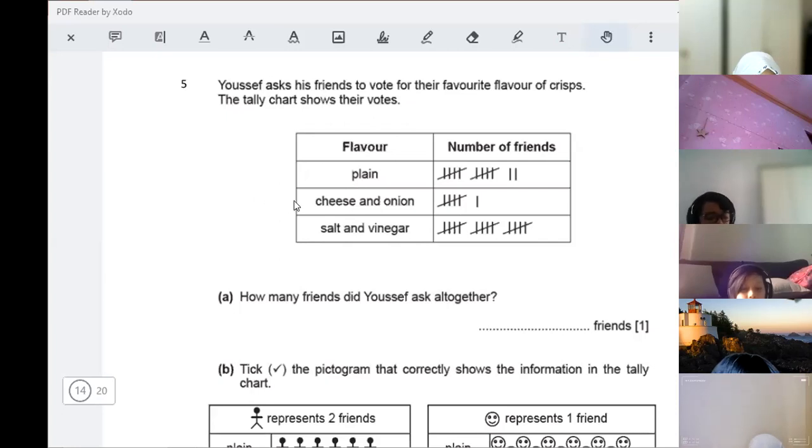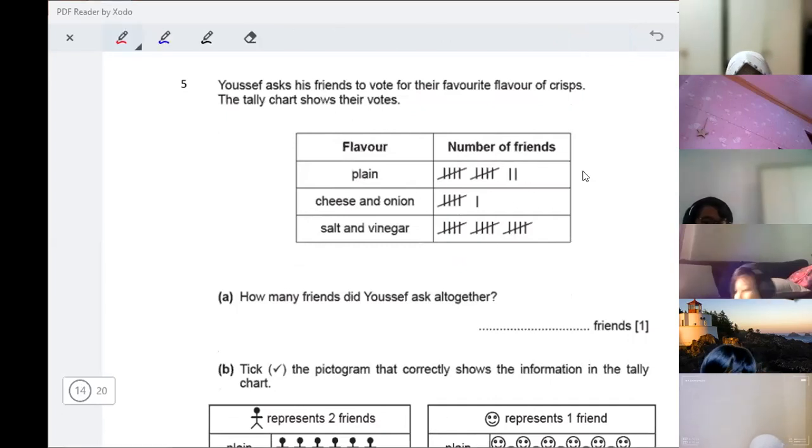Okay, look. Yosef asked his friends to vote for their favorite flavor of crepes. The tally chart shows their votes. How many friends like the plain flavor? 12. Good.